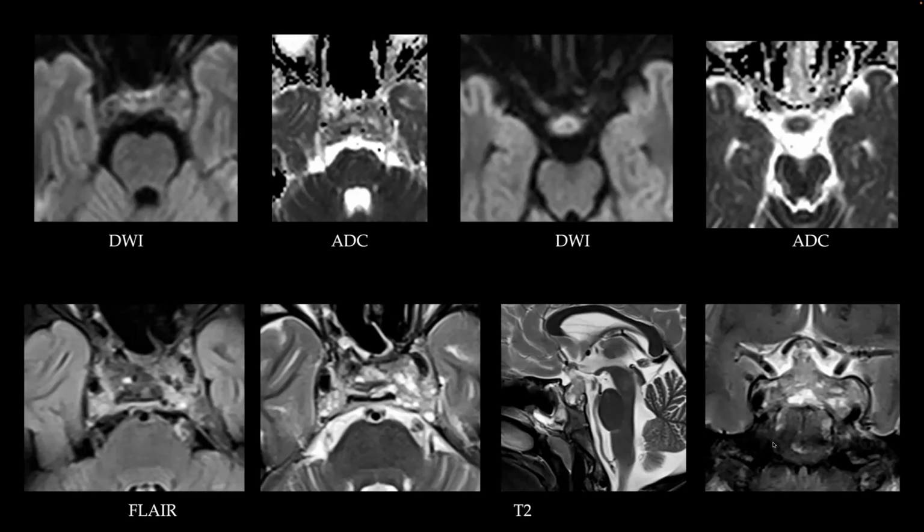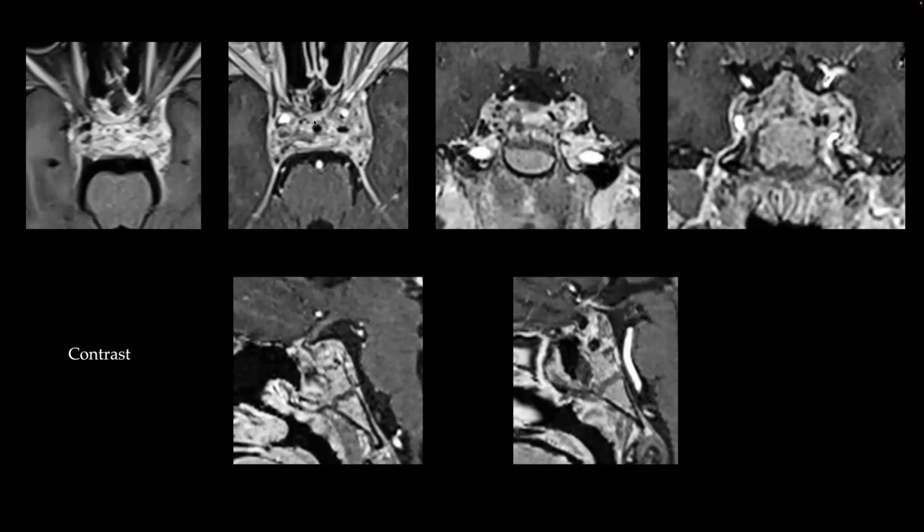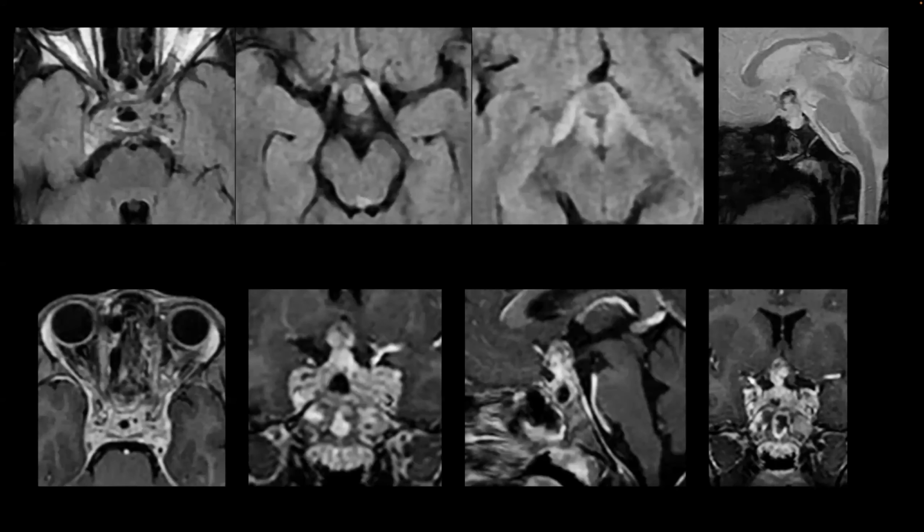Now it's more of a heterogeneous signal on the T2 weighted sequences as compared to the first scan, with some areas of restricted diffusion. Post contrast, again intense enhancement but some degree of heterogeneity, extending up to the superior orbital fissures, the proximal optic nerve, sellar and suprasellar components, also involving the clivus and the retroclival area. So this is the follow-up scan.